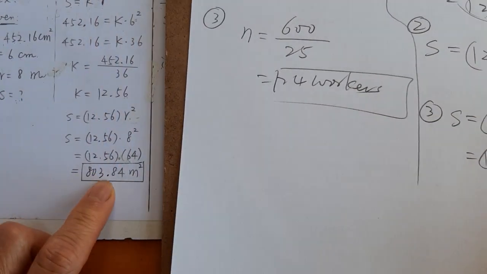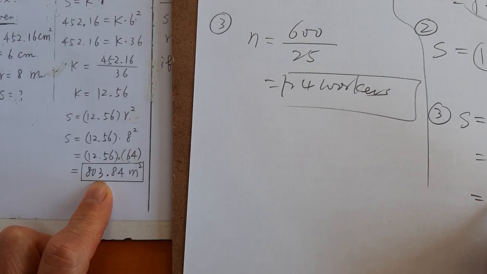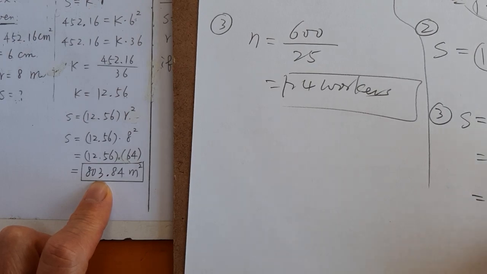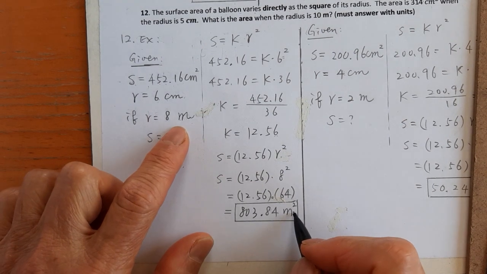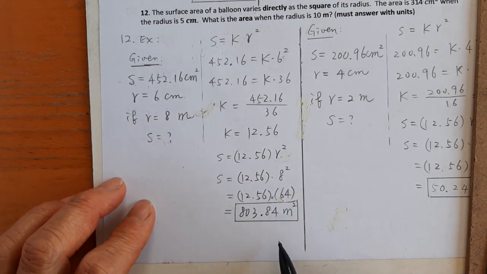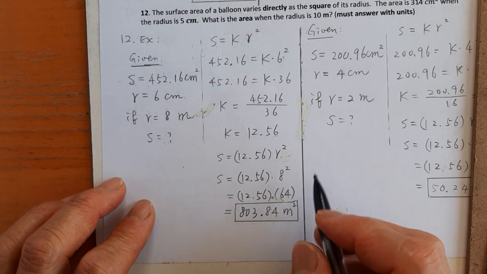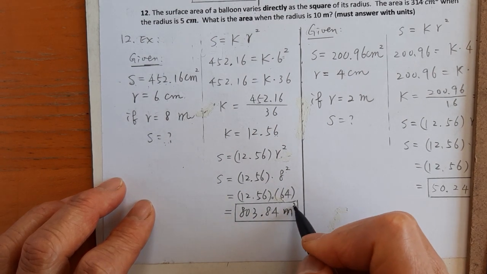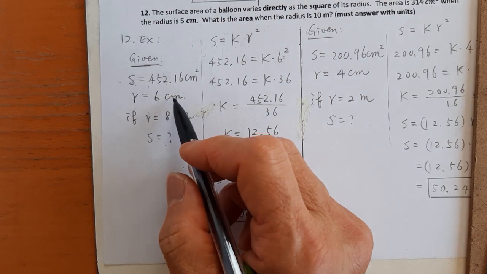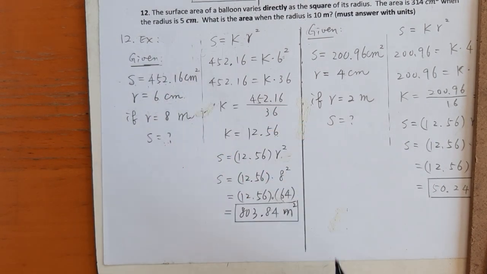Multiplying together equals 803.84. But you have to use meters because it's 8 meters. Squared, it is meters squared. And this one is centimeters, so you get centimeters squared.